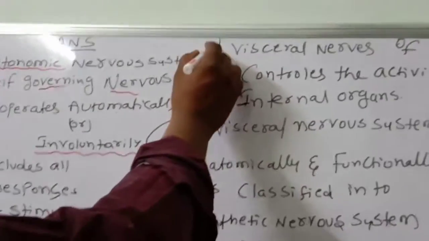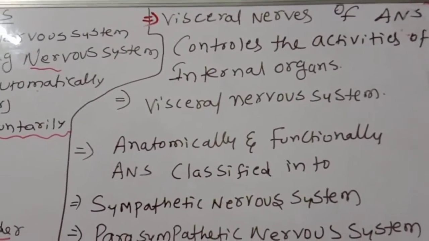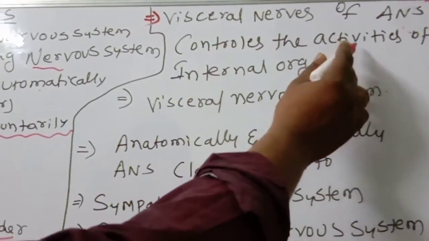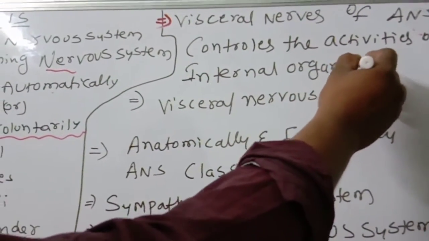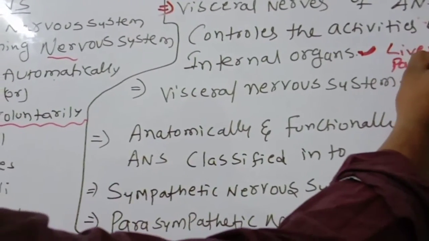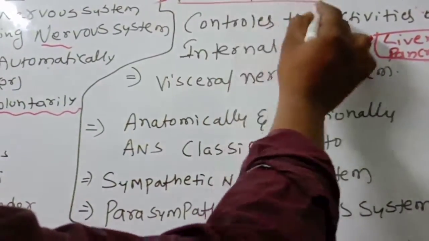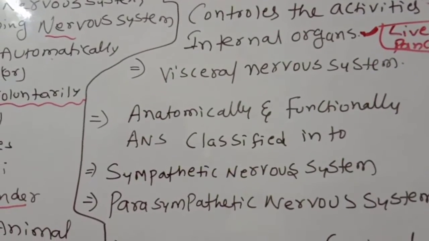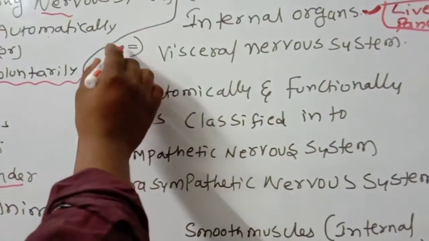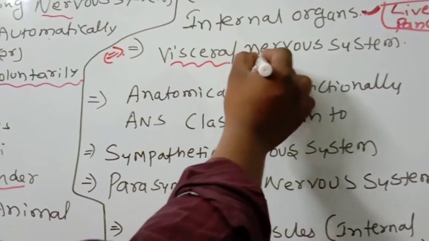The nerves involved in the ANS are called visceral nerves of the autonomic nervous system. Visceral nerves control the activity of internal organs: liver, pancreas, gallbladder, these all are under control of the autonomic nervous system by the help of visceral nerves. That is why the autonomic nervous system is also called the visceral nervous system.